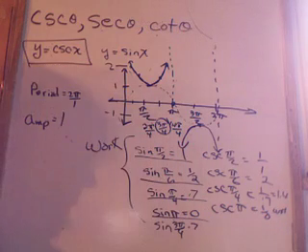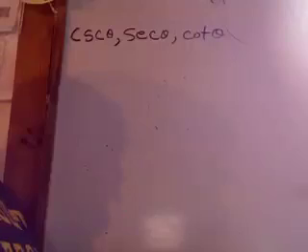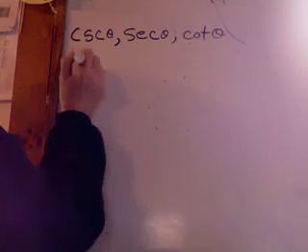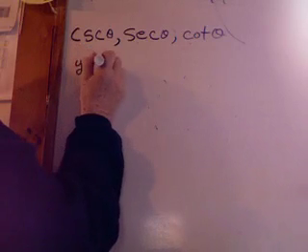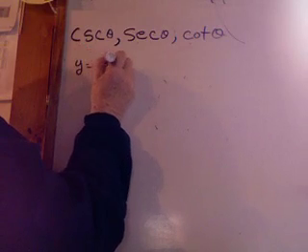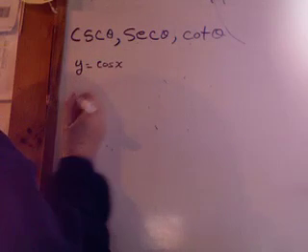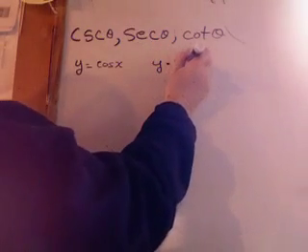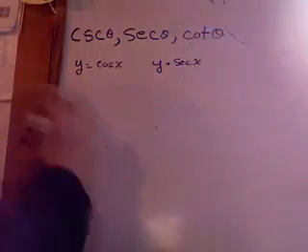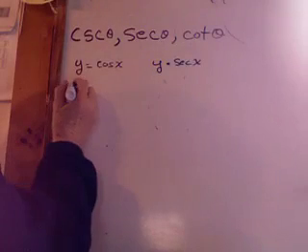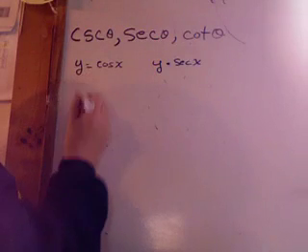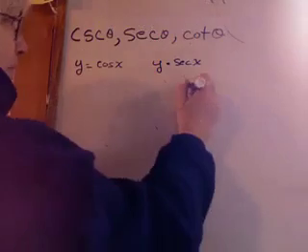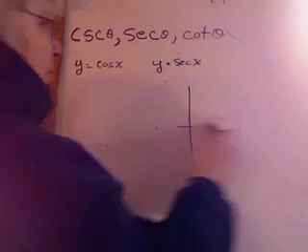The secant function does the same thing. So again, to do the secant function, first of all, I want to look at what y equals cosine x looks like, and then I'll graph y equals secant x. Again, I like you to find some specific values. First of all, what does the graph look like?